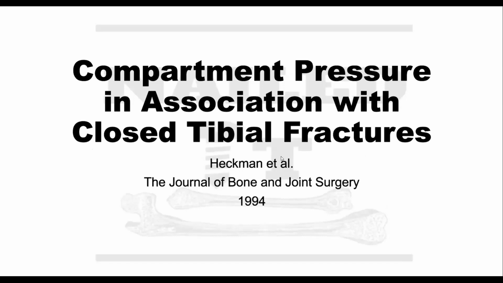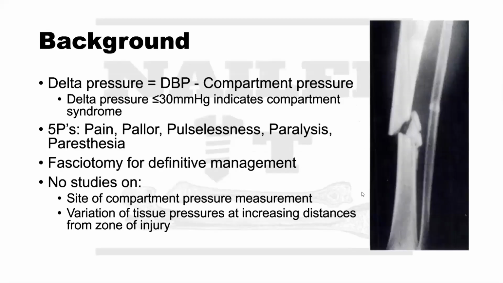So we've gone over the criteria for compartment syndrome a lot. We talked about how it's a clinical diagnosis. And when you're looking at the patient, you're looking for the 5 Ps: pain, pallor, pulselessness, paralysis, and paresthesias. But pallor and pulselessness are typically seen in the later stages of the ischemia.